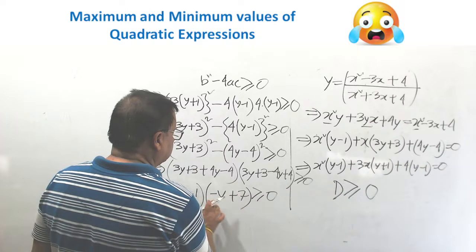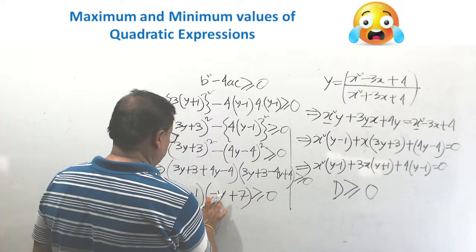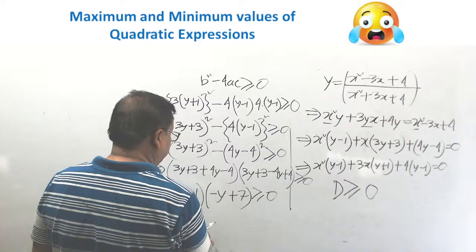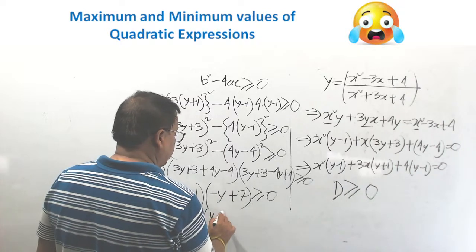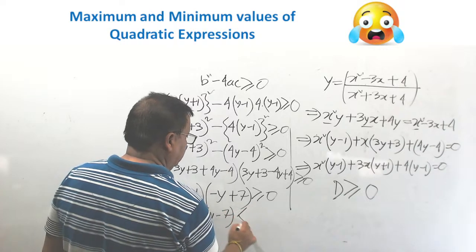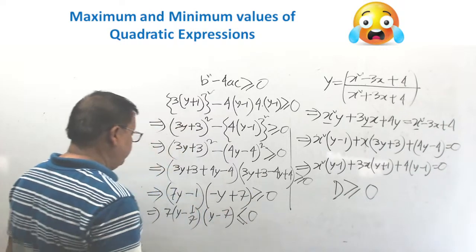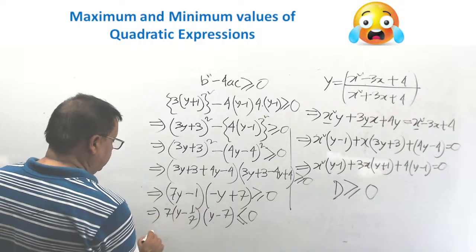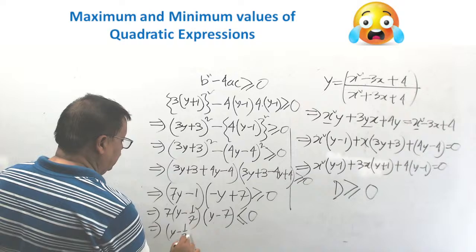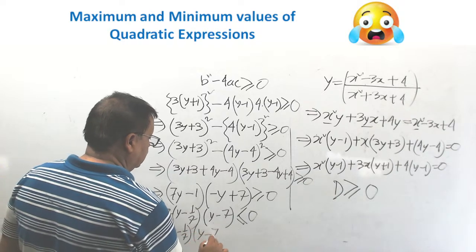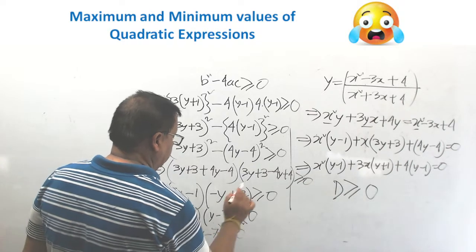You also have to take minus 1 from the other factor, so it becomes y minus 7, and the sign will flip. 7 is positive, divide both sides by 7. That is y minus 1 by 7 into y minus 7 less than or equal to 0.